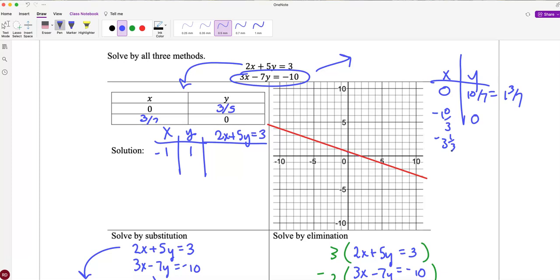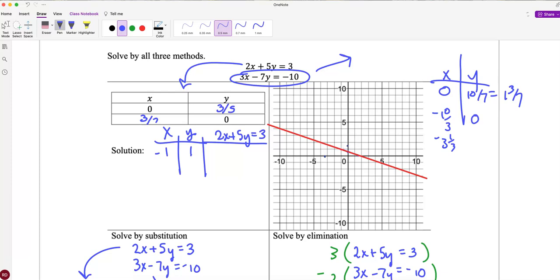So negative 3 1/3, 0 is somewhere right there, and 0, 1 3/7, the other guy was at 3/5, so 1 3/7 is somewhere right in here.